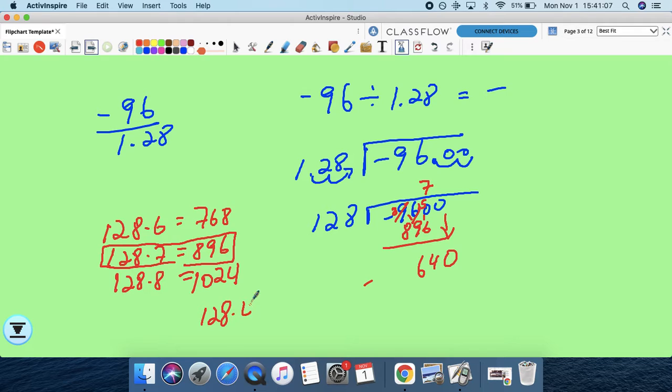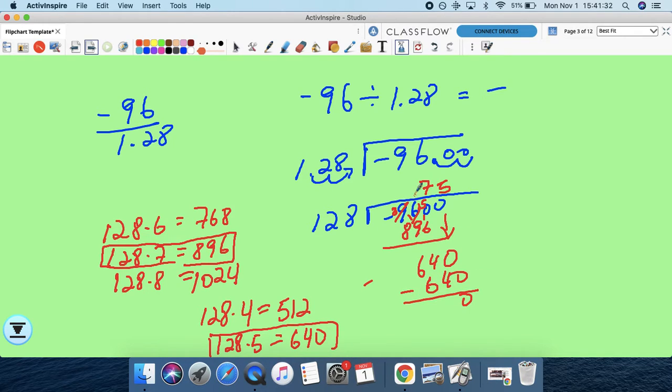Let's try 4 times. 128 times 4 is 512. Now let's check 128 times 5. It's 640. So that's the number we want. I'm going to put a 5. 128 times 5 is 640. Subtract. We get 0.